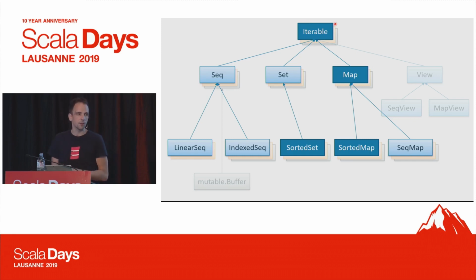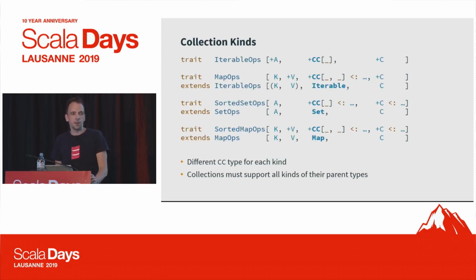We have to implement all the different kinds for these collection types. So how would we do this? Well, it goes back to the CC types, to the collection constructors that we use, because these are different for the different kinds. And the way we do this is by having separate ones for each kind.